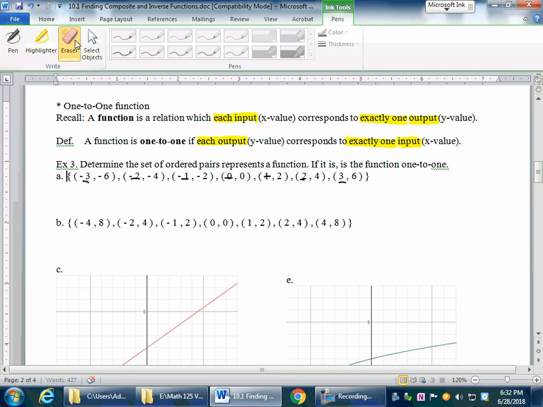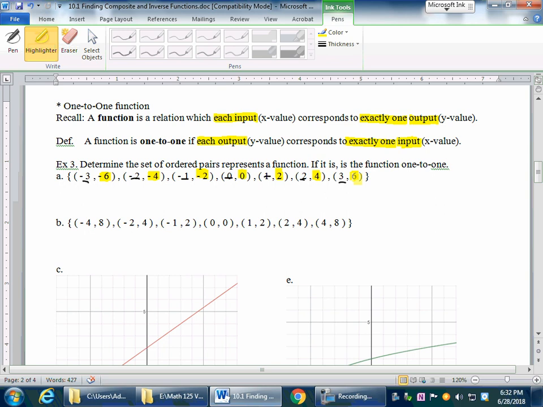Now, to make sure this is a one-to-one function, I also have to make sure all my y values are different. That means each y value corresponds to exactly one x also. When I look at it, -6, -4, -2, 0, 2, 4, 6, all my y values are also different.